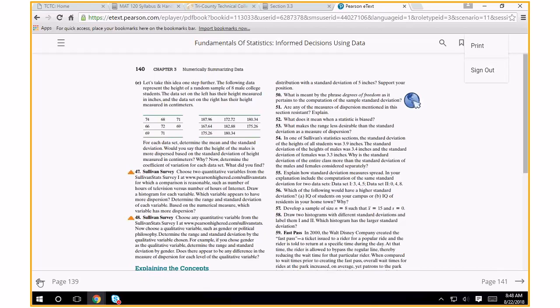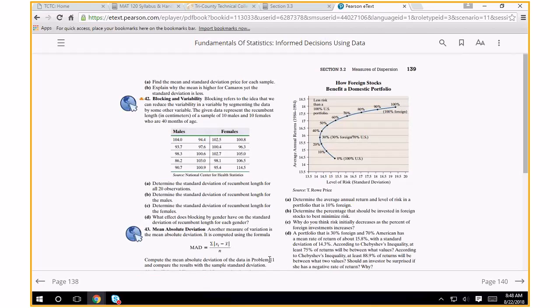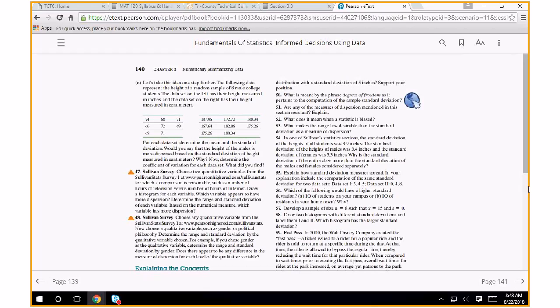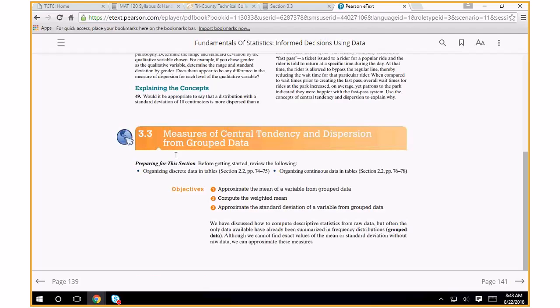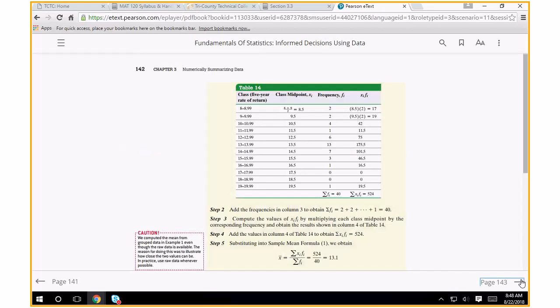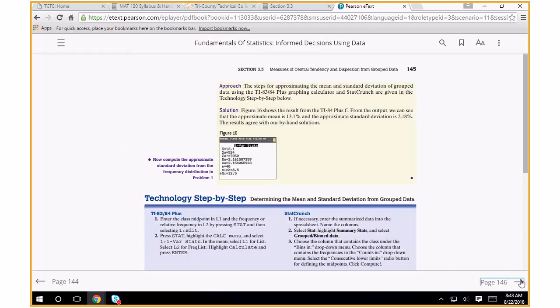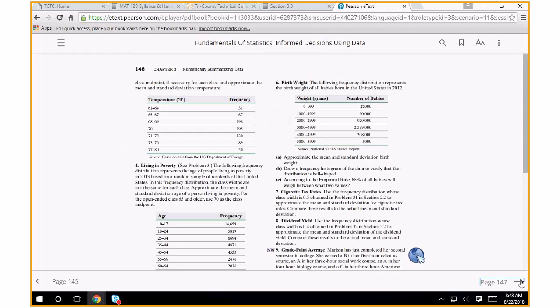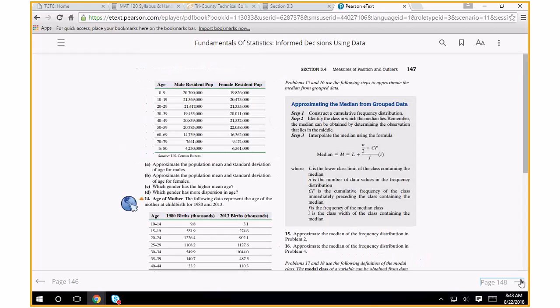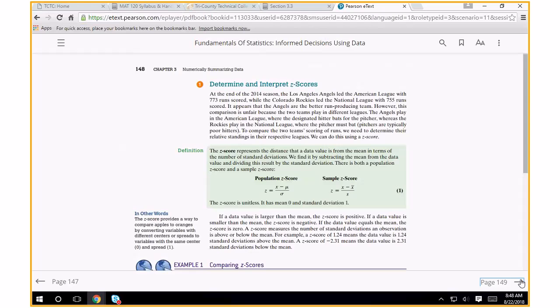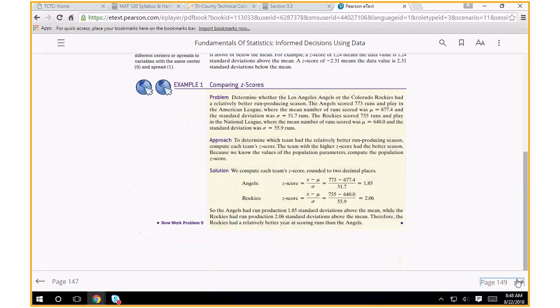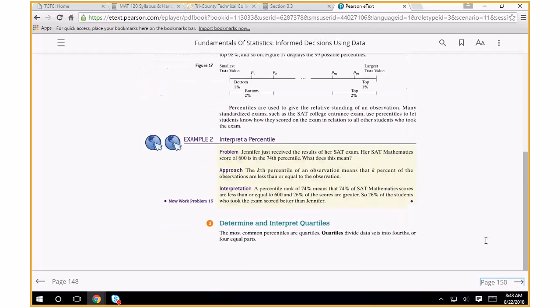Now find the beginning. It's probably down at the bottom. Yeah, that's where 3.3 starts. So you print out this page, 141. It's 1 page, 2 pages, 3 pages, 4 pages, 5 pages, 6 pages, 7 pages. That's the homework in the book. 8, 9, 10.